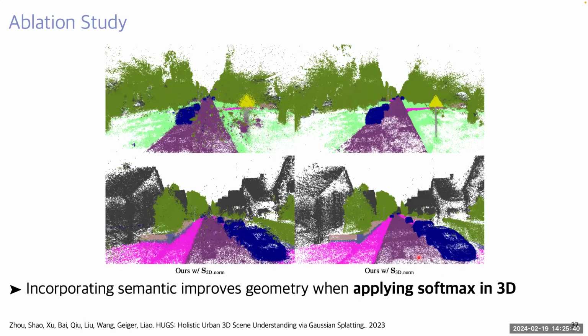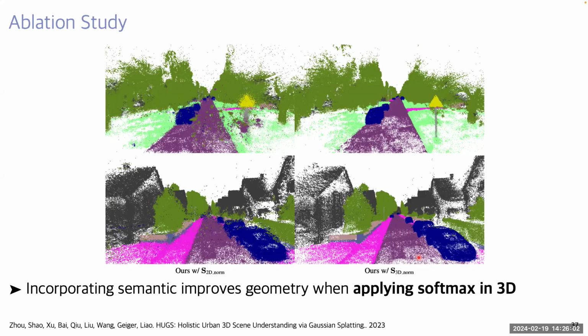Another interesting finding is that incorporating the semantic information helps us improve the underlying geometry, only if you apply the softmax in the 3D space. There are two options to render the semantic label. One is that you apply softmax in the 3D space, such that each point is already normalized in 3D, and then you accumulate them.